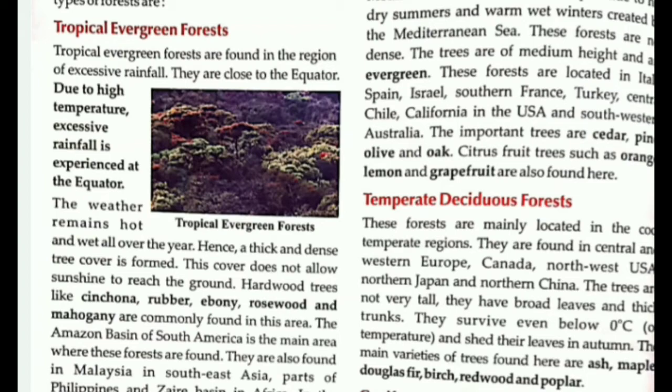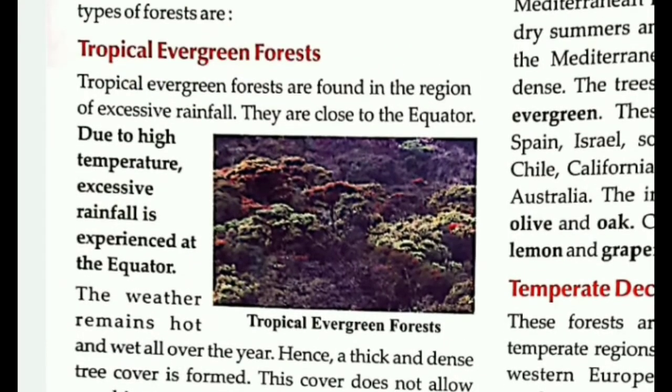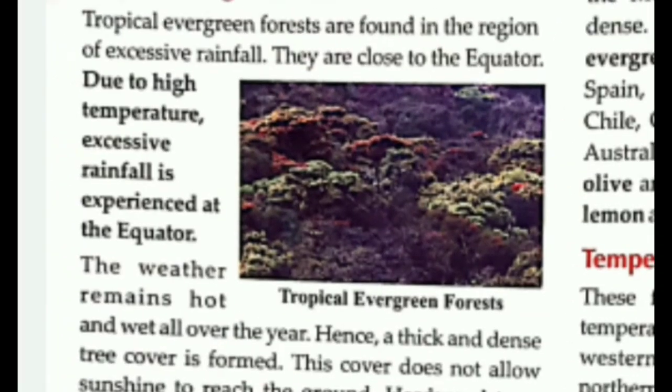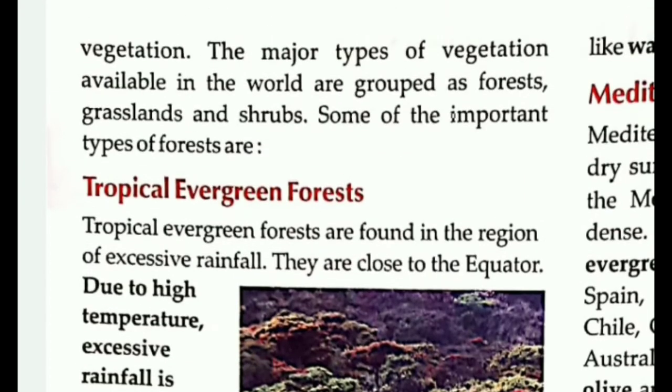So, before going on, I would like you to understand tropical evergreen forest. This forest is closer to the equator.